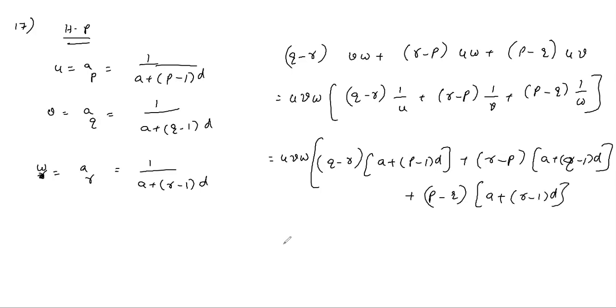If you simplify the inside of the bracket, you will get 0. So 0 into uvw is also 0. You have a into (q minus r), a into (r minus p), a into (p minus q). By adding and simplifying, you will get 0. The answer is 0.